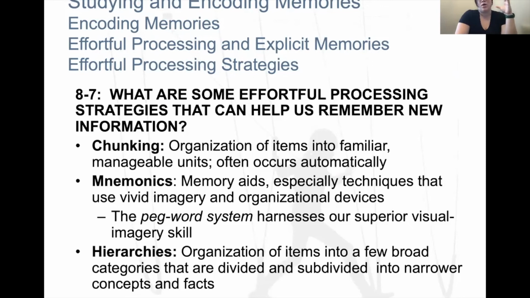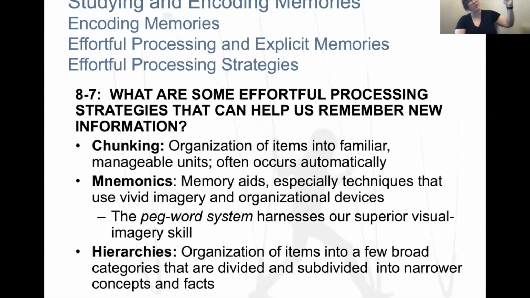So if you are taking notes for, say, this chapter, if you go back to our overview slide, we're going over encoding, we're going over implicit, explicit memories, we're going over effortful processing versus automatic processing. You can make those sort of headers in your outline for studying.